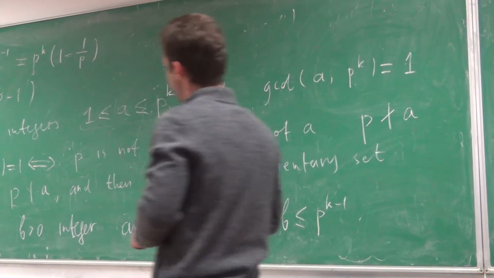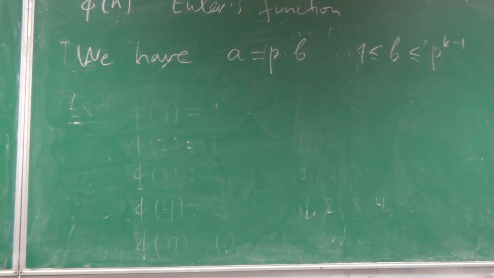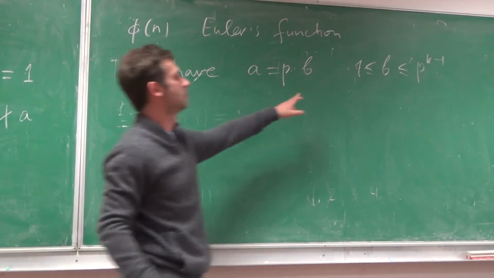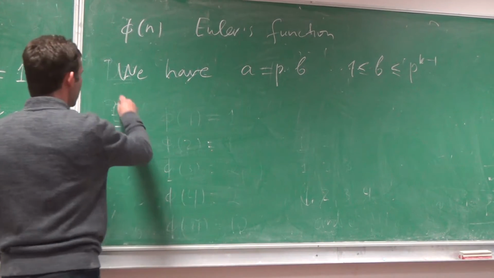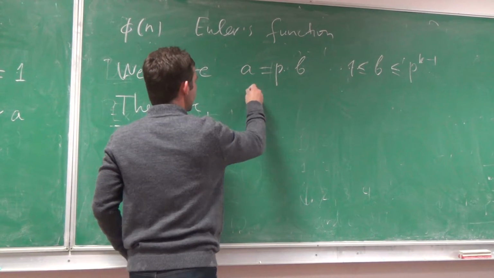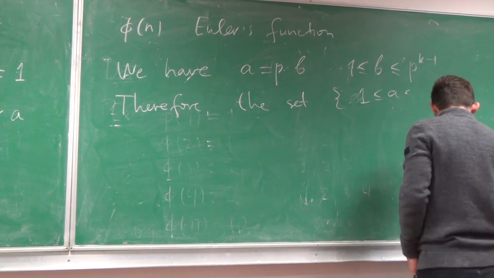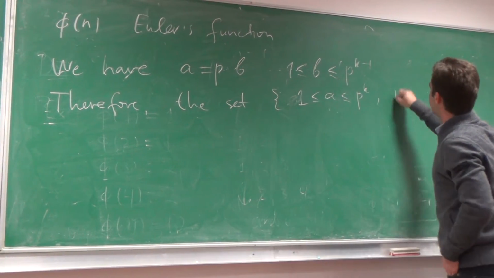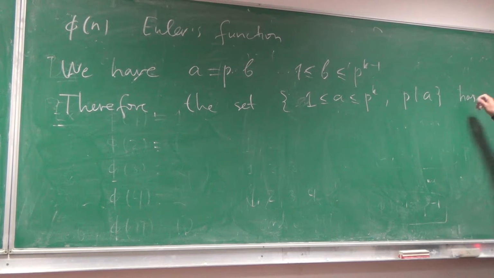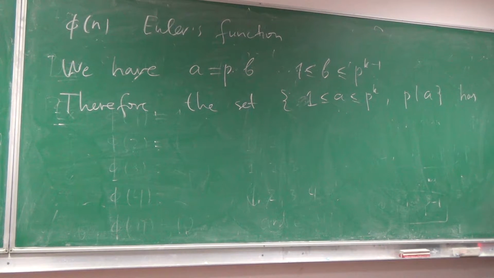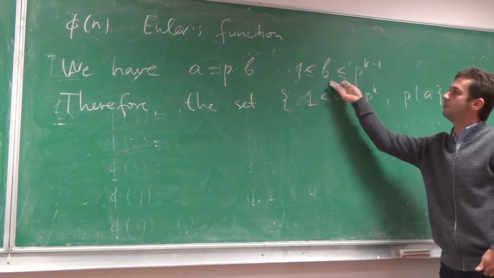So if I want to look at all the integers in this list which are multiples of P, they will all look like P times an integer sitting in these bounds. Therefore, the set of A which are in the bounds we look at, and P divides A, has this many elements, just because here is how we parameterize all those elements, and B is uniquely determined by A.